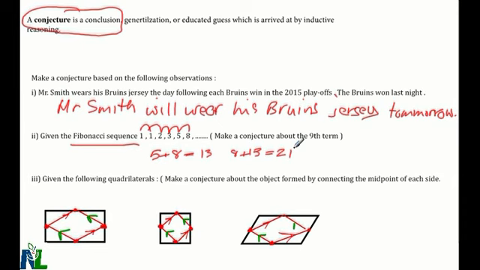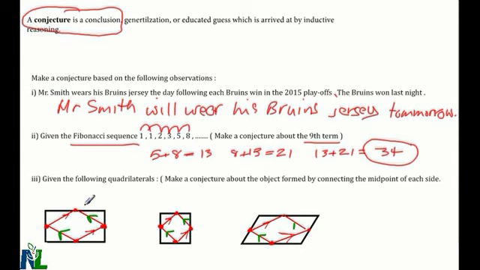There's my eighth term. And then finally, the 13 plus the 21 is equal to 34. So if I want to make a conjecture about the ninth term in that sequence, the ninth term I would say is 34.